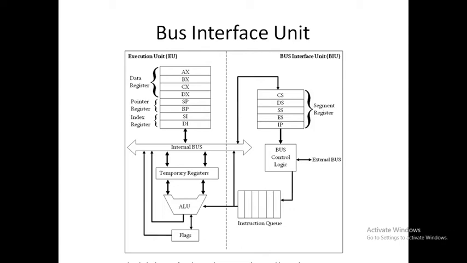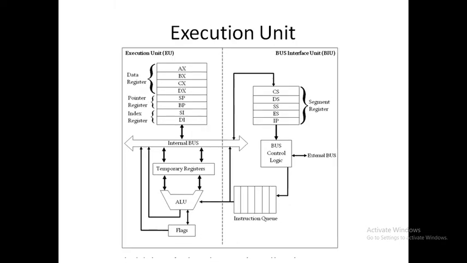Now move to the execution unit, the left side. The EU receives the opcode of the instruction from the queue, that is the 6-byte instruction queue, decodes it and then executes it.